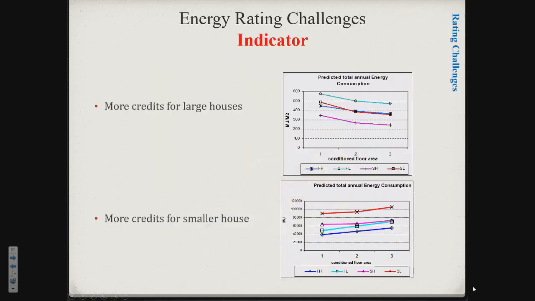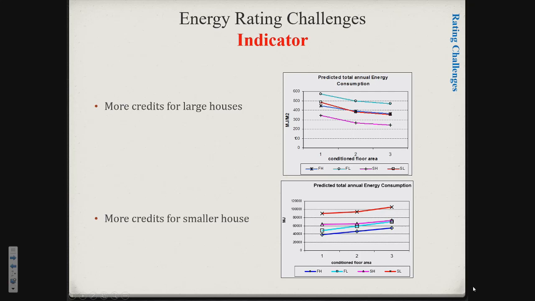That was my assumption. I used 8 typical buildings here; it shows just two of them. I just changed the floor area. So obviously, if the measurement is based on megajoule per square meter, as the floor area is increasing, they get better results.